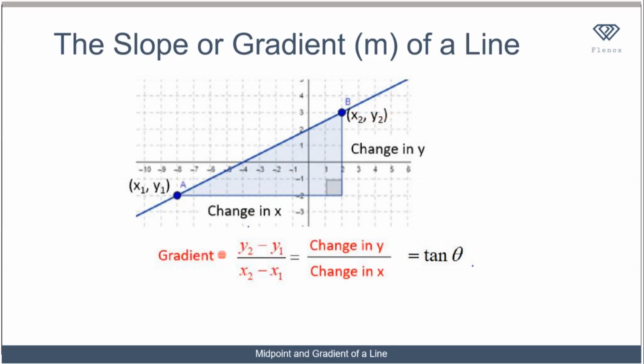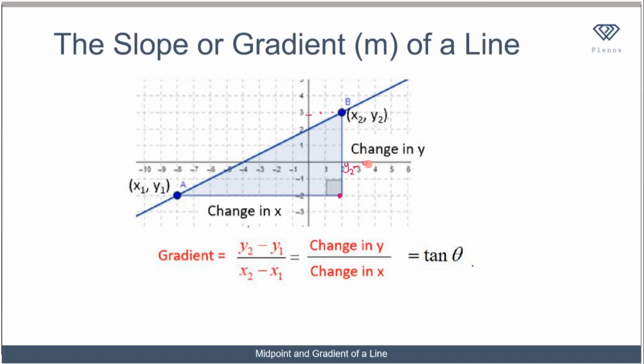Then the gradient is given as the change in my y-axis over the change in my x-axis. Now, how do I calculate the change in my y-axis? At the value of B, the value of y is y2. Then at this point over here, the value of y is equal to what? y1.